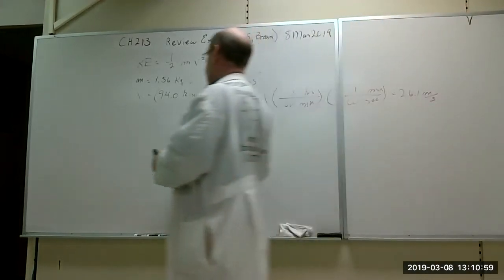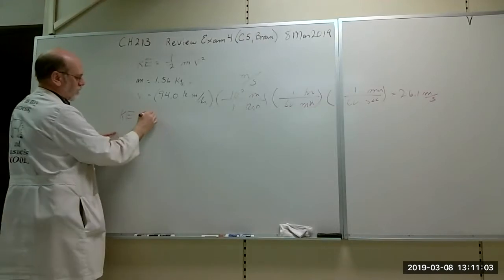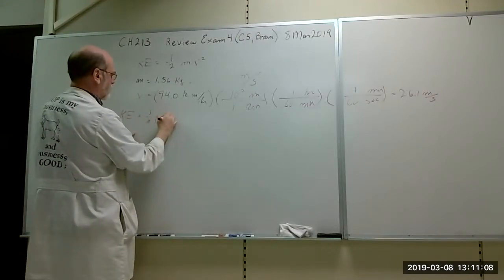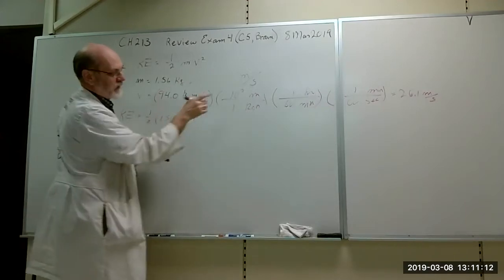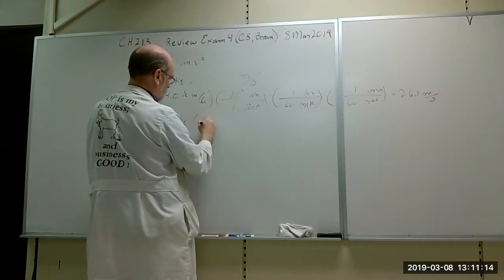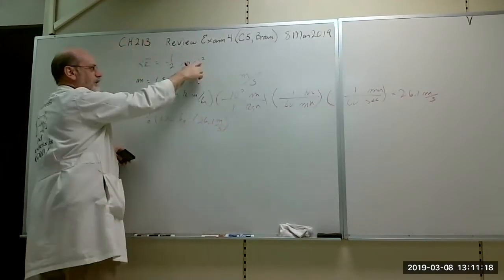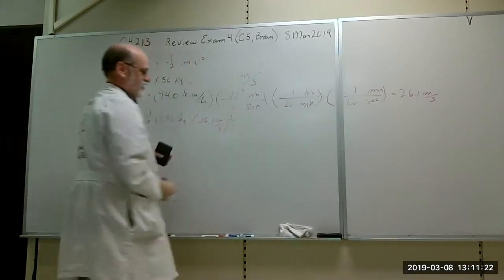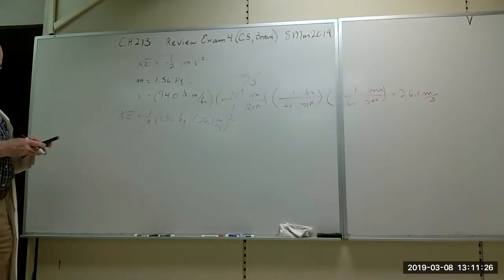Now you can plug it into your formula. So we have 1/2 mass, which is 1.56 kilograms, and then 26.1 meters per second. And don't forget the square. Okay? So we can take 26.1 and square it.